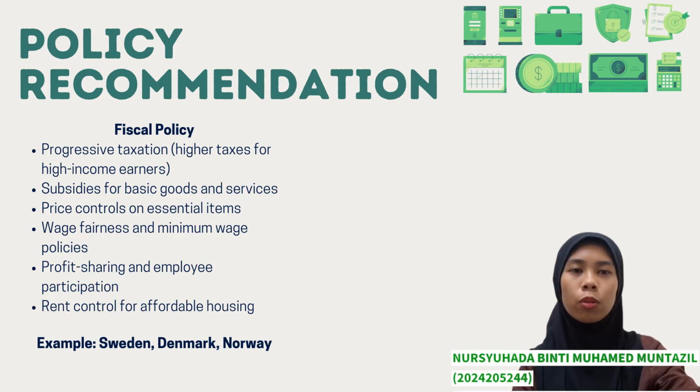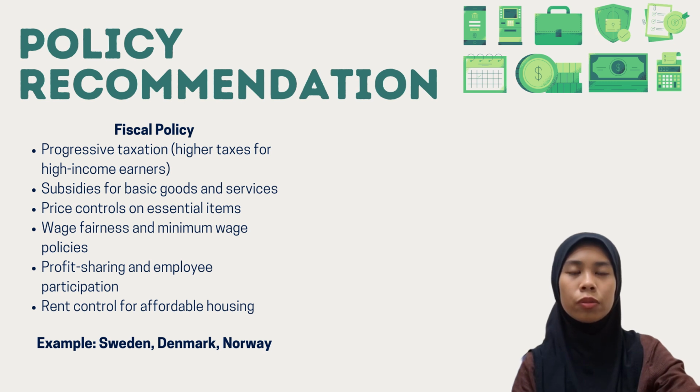Concerns about consumer welfare and income inequality can lead to economic recession if left unaddressed. Governments can use fiscal policy to help by implementing progressive taxes, which require high earners to pay more taxes, reducing income gaps. Subsidies on essential goods and price control can ensure basic needs remain affordable, promoting wage fairness.